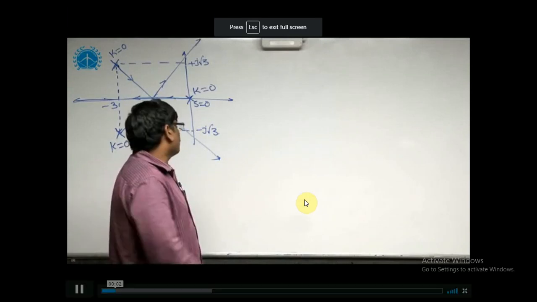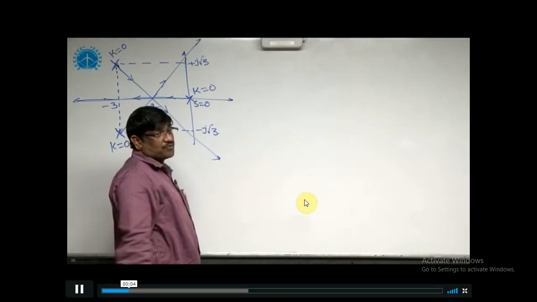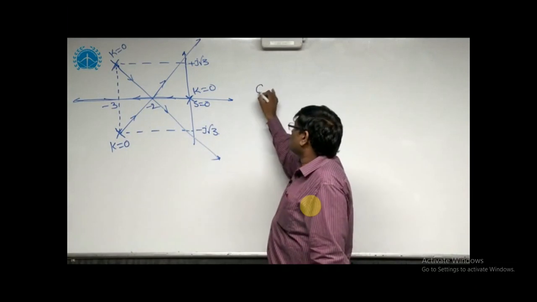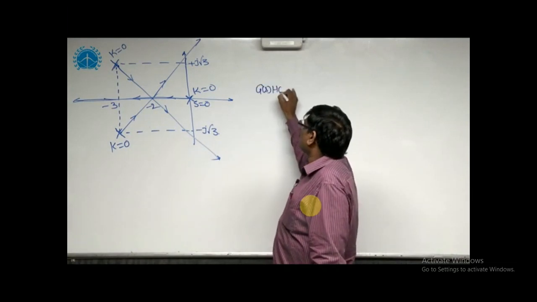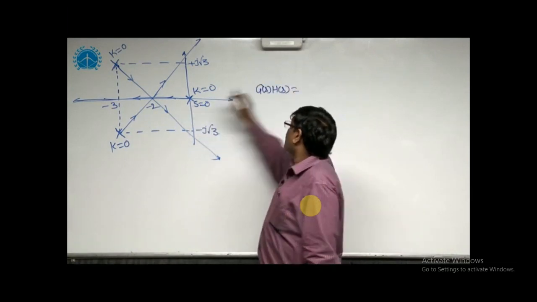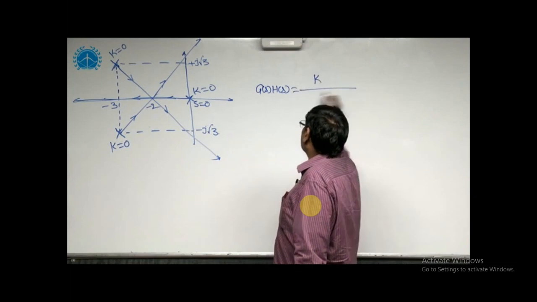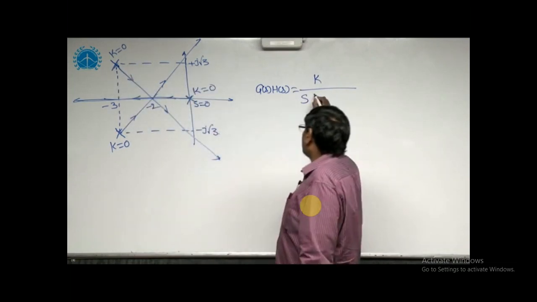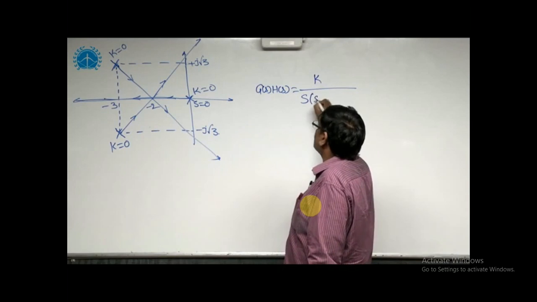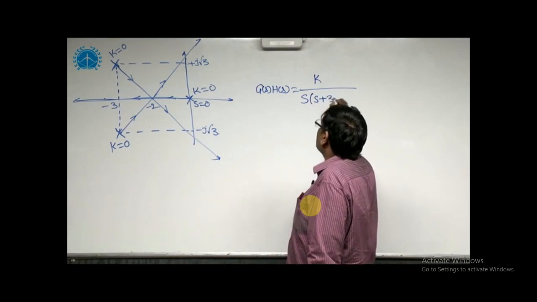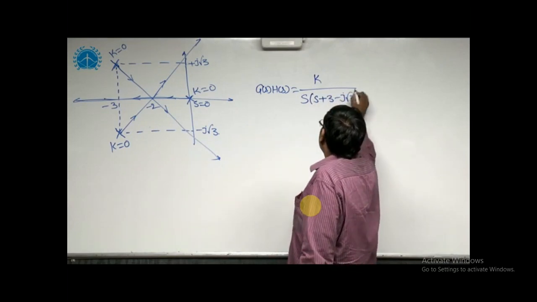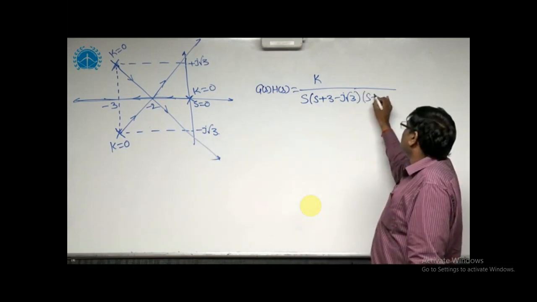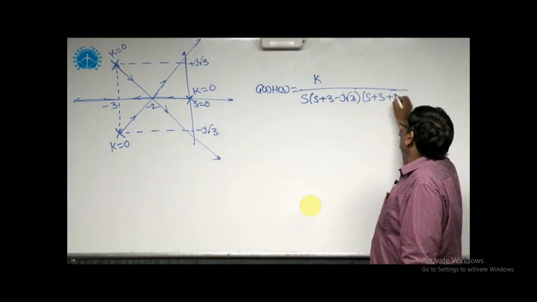Here we have to write the transfer function for the given root locus diagram. The pole locations: G of s, H of s equal to one pole at the origin, so K by s. The other pole is at minus 3 plus j root 3. That means, written in terms of roots, s plus 3 minus j root 3. For the other pole you will get s plus 3 plus j root 3.